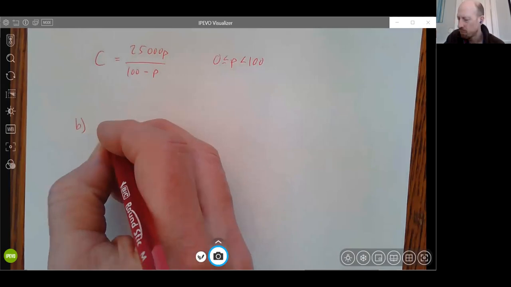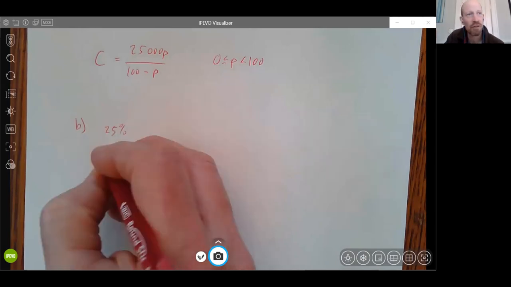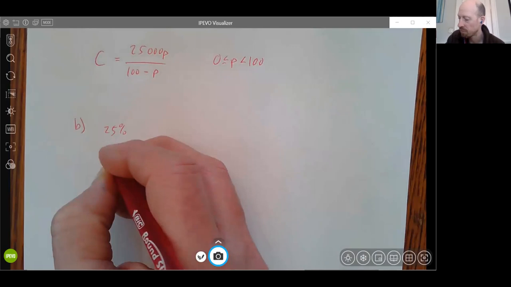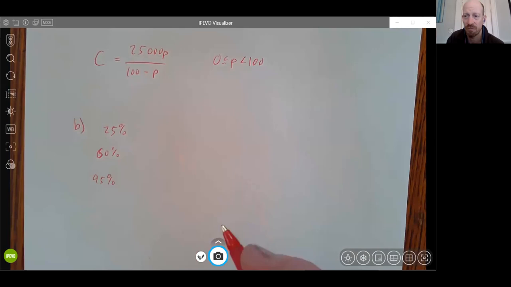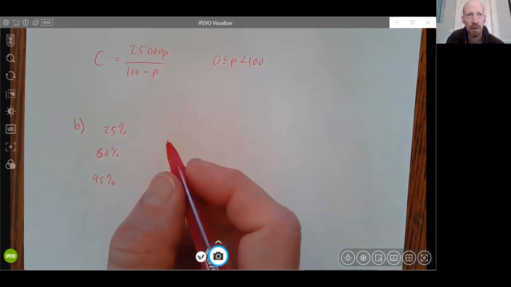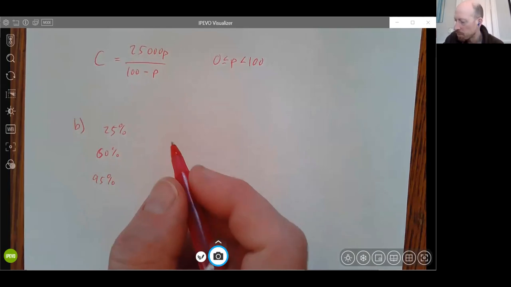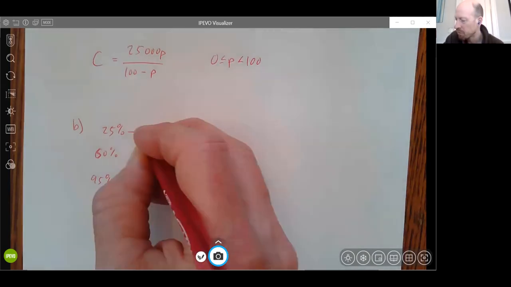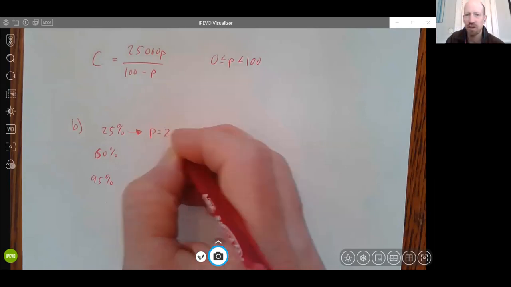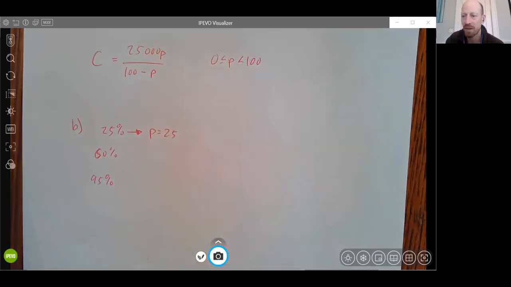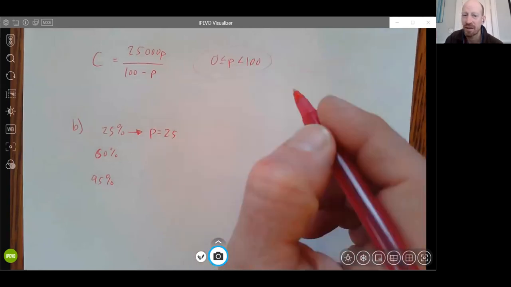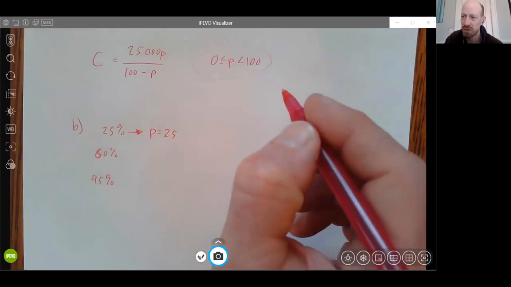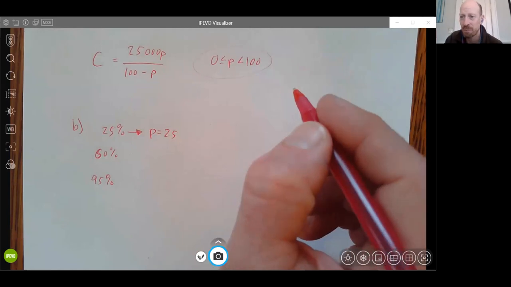That's really what they're asking here in B. What if you give 25%, 50%, oh sorry, 60%, or 95%? And again, your numbers here may vary. What's the cost? You have to be careful here, because if you're giving 25%, P is actually 25, given the way this model is written and P is defined. It's not 0.25, which is actually equal to 25%.